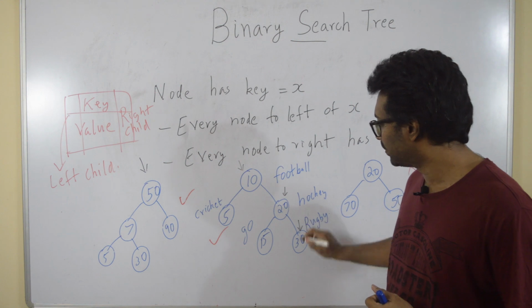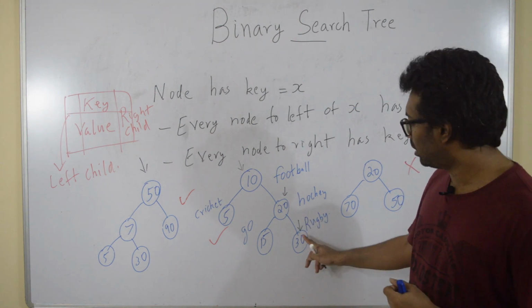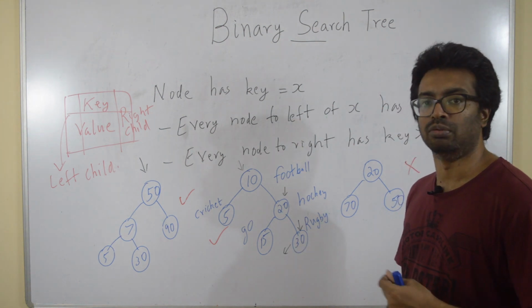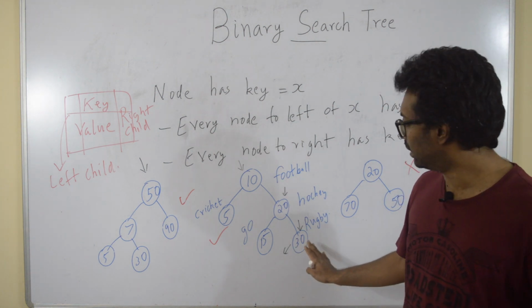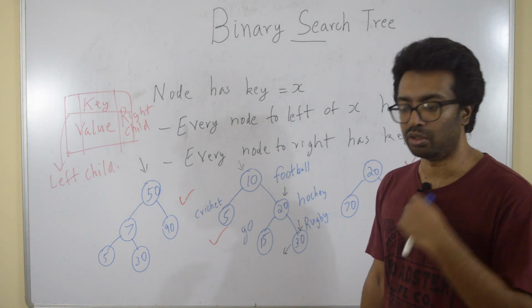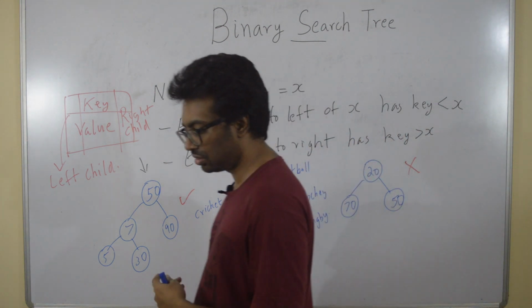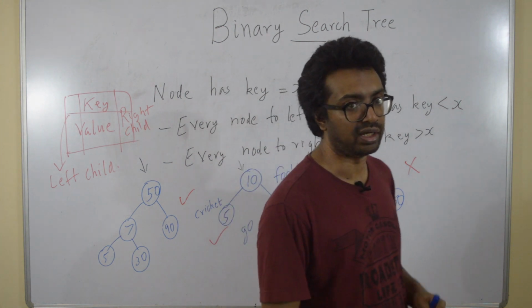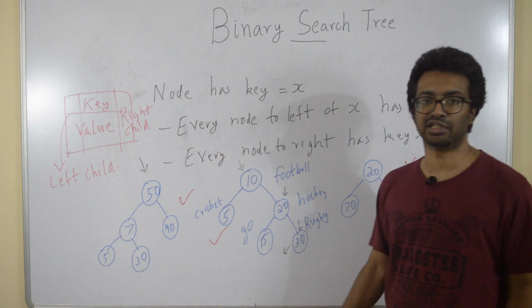So I come here and I see 30, but I'm searching for 25, so I know it has to be here. But there's no node less than 30, so I return no. 25 is not there in this tree. So the search has failed. This word is not there in the dictionary, right?